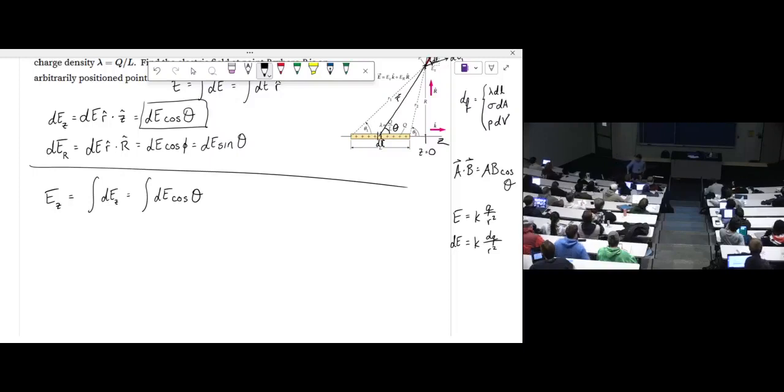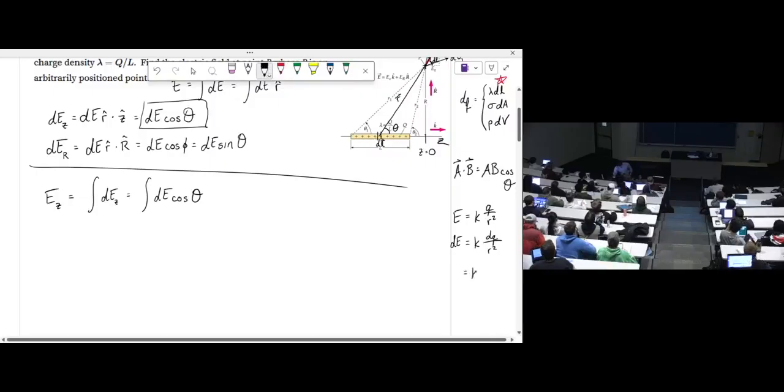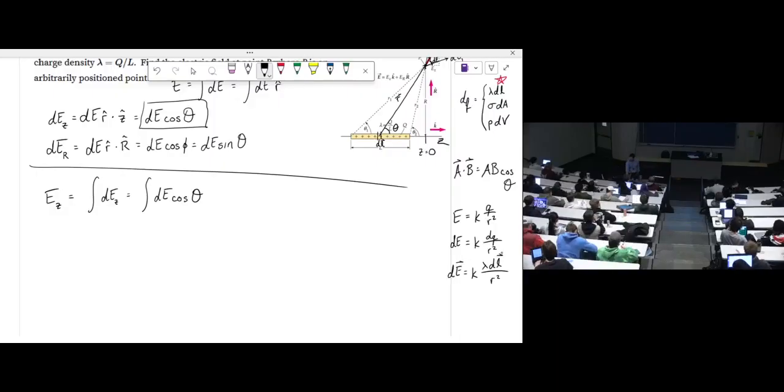Here we're dealing with a line of charge, and so what we want to use is this guy right here, lambda dL. So dE is going to be equal to K times lambda dl over r squared. And since this is a vector, I have to consider that dL is also a vector.